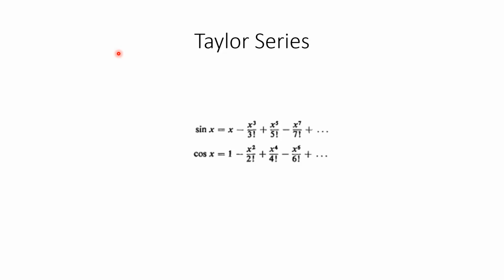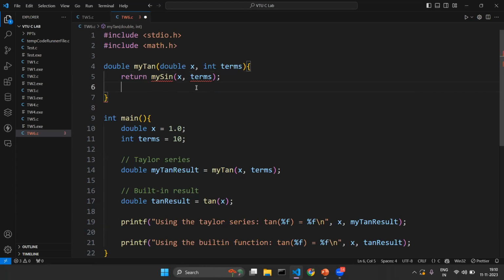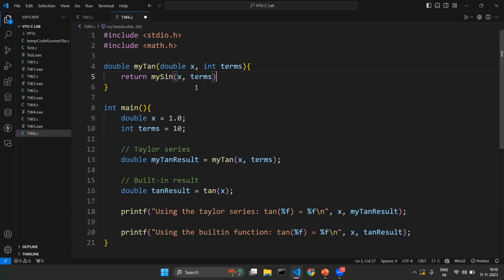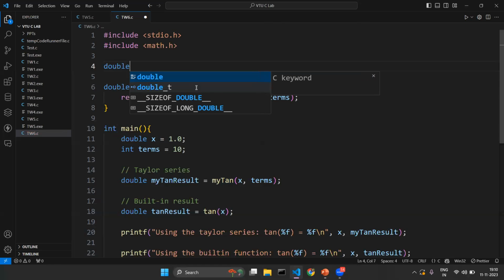Then I will find the result: my sine of x comma terms divided by my cos of x comma terms, because sine by cos gives us the tan result. Yes, but again we need to write both the my sine and my cos functions. These are not predefined or built-in functions. These are user-defined functions.